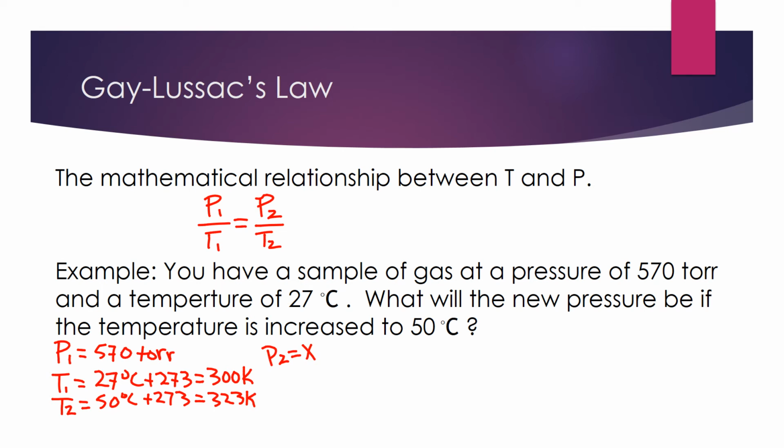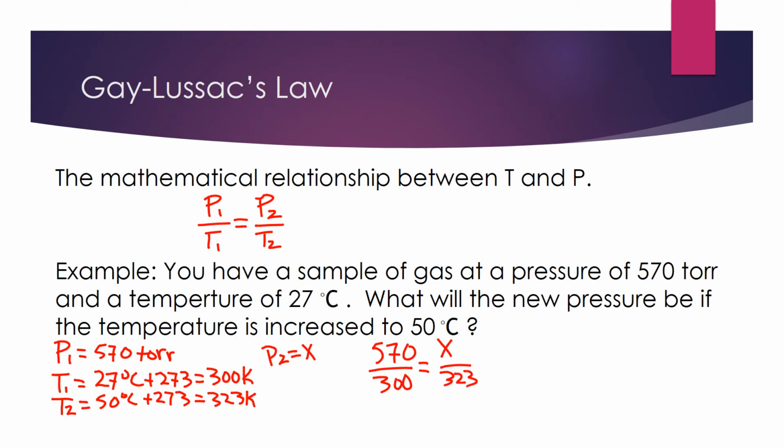So let's go ahead and plug and chug. P1 is 570 divided by T1, which is 300. And that's going to equal P2, which we'll call X, divided by T2, which is 323.